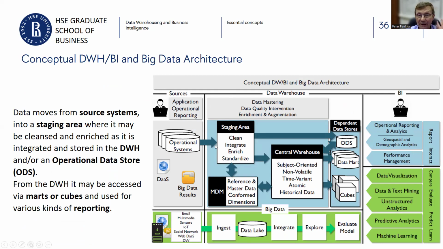It shows not only components of the architecture, but also how data moves from the source systems through the staging area, then to the warehouse, and from the warehouse to data marts, cubes, and to specific analytical applications, like BI applications.